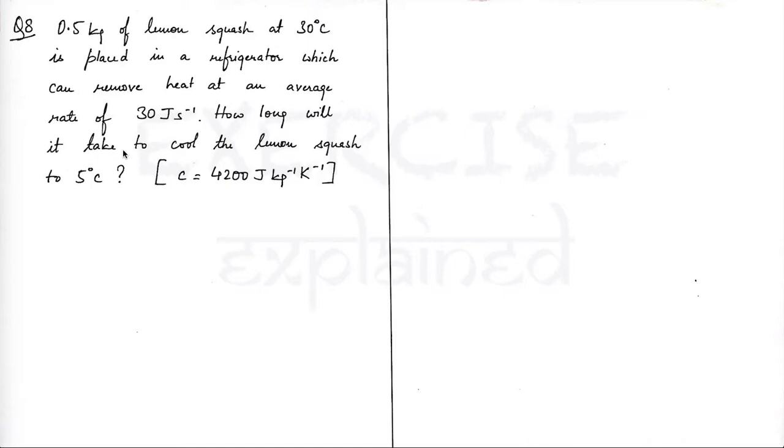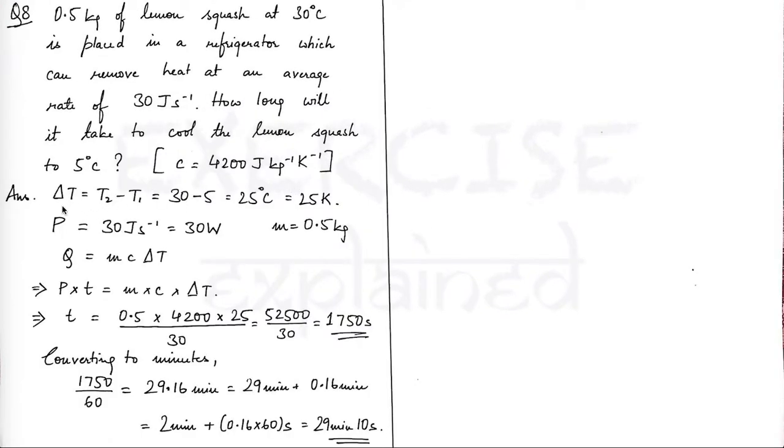How long will it take to cool the lemon squash to 5 degrees centigrade? The final temperature is 5 degrees Celsius. Specific heat capacity is given as 4200 joules per kg per Kelvin. The change in temperature is T2 minus T1, 30 minus 5, that is 25 degrees Celsius, which can also be written as 25 Kelvin.